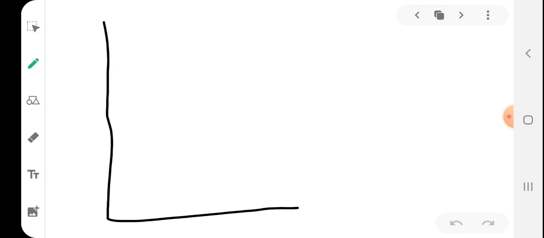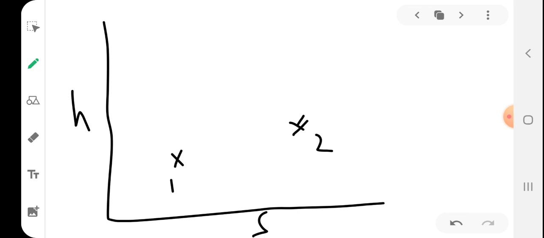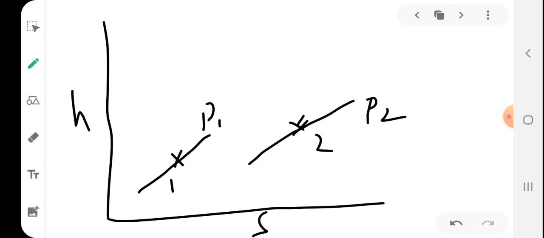Now we have to calculate the entropy change in terms of stagnation state. So I am drawing the HS diagram here, from 1 to 2. This pressure line is P1, this pressure line is P2. From here isentropically to the stagnation position 01 and 02.